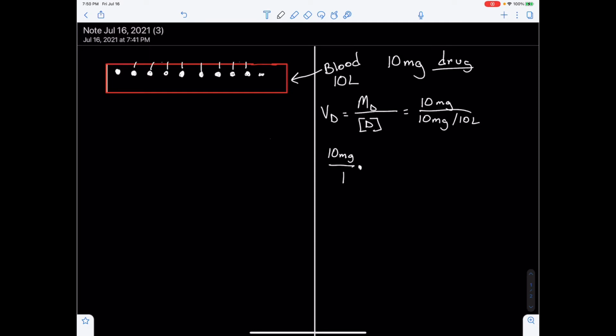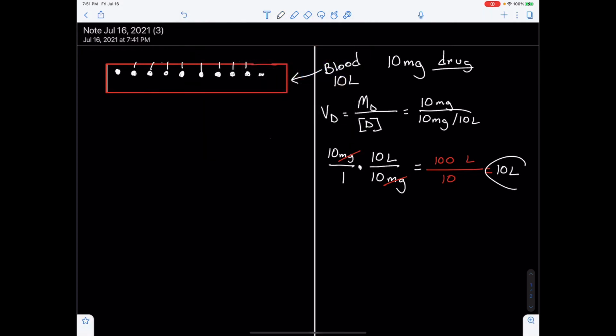So we're going to have 10 liters over 10 milligrams. And then we're going to do some unit canceling. We cross these out. So now we have 10 times 10 on top, so we have 100 liters over 10.